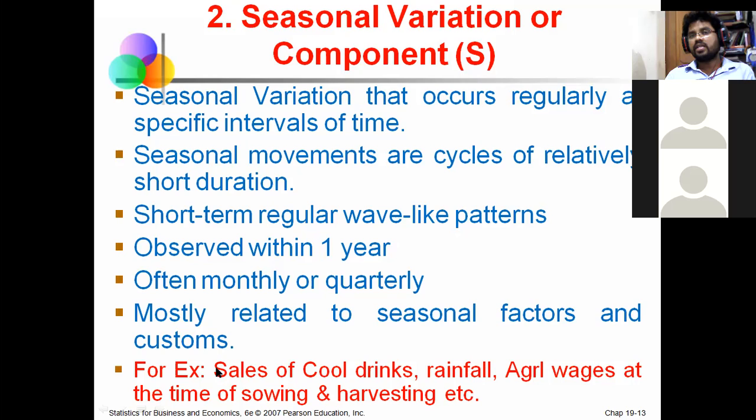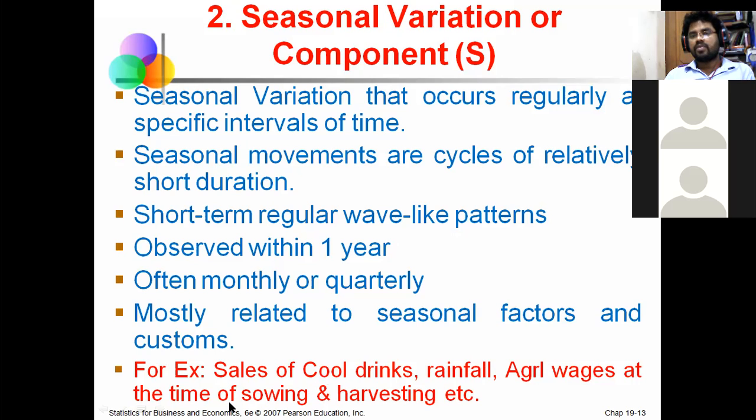What are the seasonal factors and customs? For example, the sales of cool drinks and rainfall, agriculture wages at the time of sowing and harvesting, etc. If you take the sales of cool drinks from February to June, the sales will be high because of weather or climate conditions.